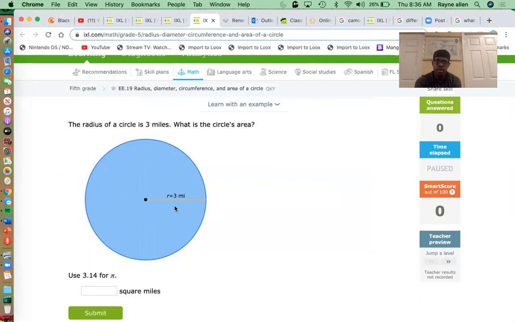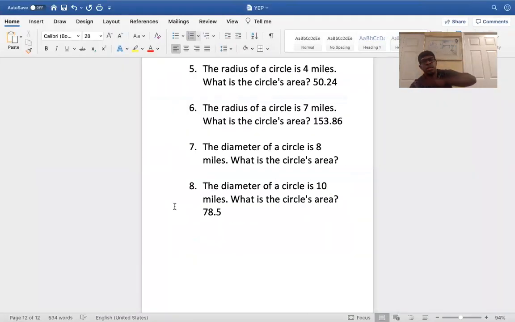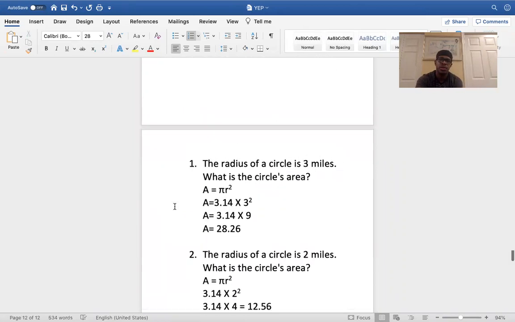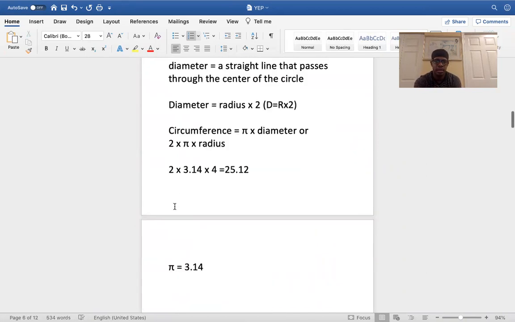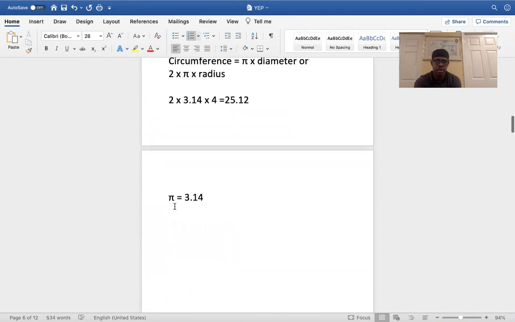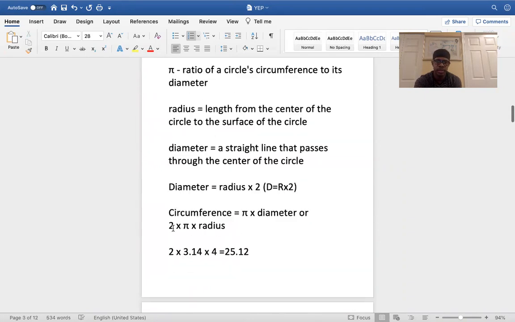The circumference, or the distance around the circle, or the perimeter of the circle, is always going to be 2 times radius times pi. I have it here just so you can look at it. It's going to be 2 multiplied by pi times radius, or it's going to be pi times diameter. Whenever you hear or see pi, all it's saying is 3.14.